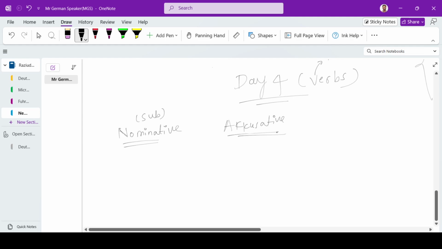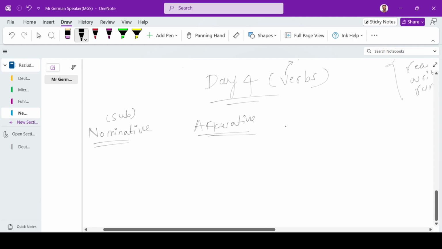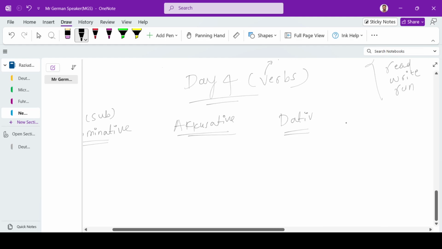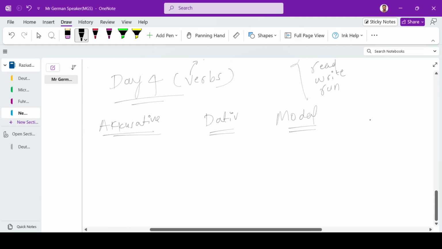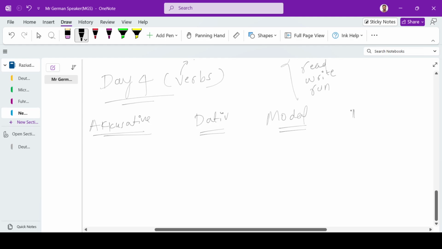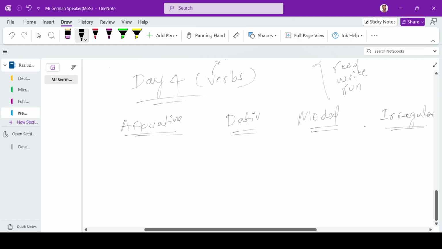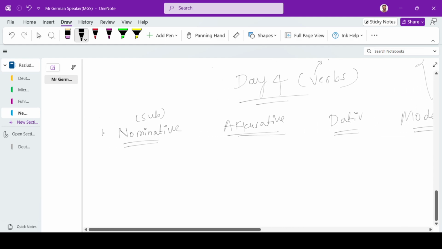This is another category. Then we have dative. This is the third category. Then we have modal verbs. This is the fourth category. And the fifth category is irregular verbs. So these are like five categories.